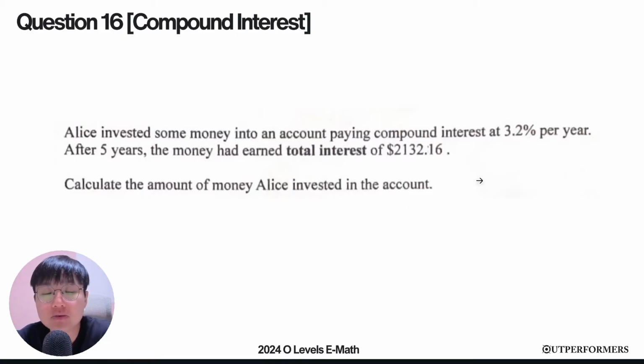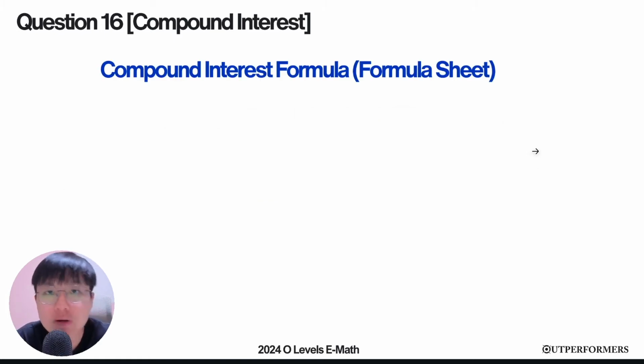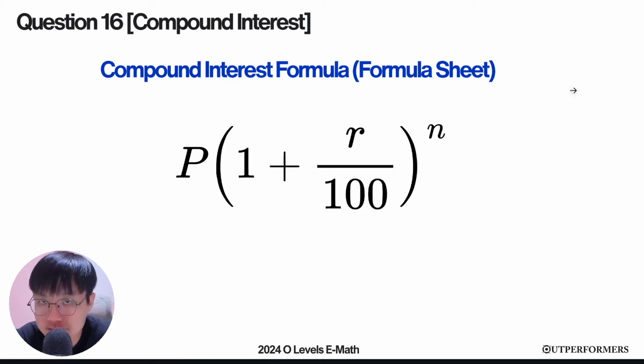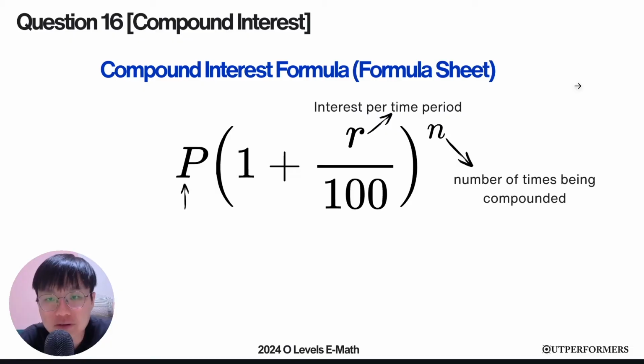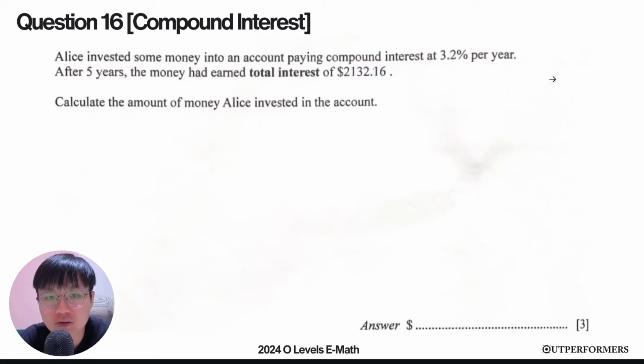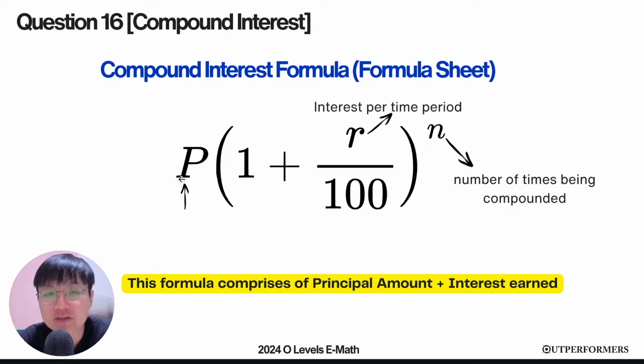Okay, so let's talk about the formula that we have on the formula sheet first, the compound interest formula. It looks like this. What does each term represent? So firstly, the P itself, we have the principal value.